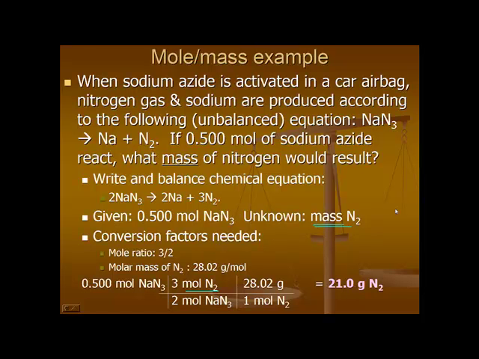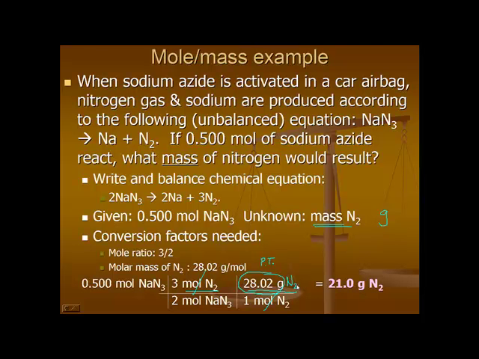I'm looking for mass, which means grams of nitrogen. So now I've got one more step, just like you've converted lots before, to go from moles to grams. Now that I'm trying to get rid of moles of nitrogen, it is now on the bottom. I'm looking for grams of nitrogen, so that goes on the top. And this number is a molar mass, so this comes from my periodic table.